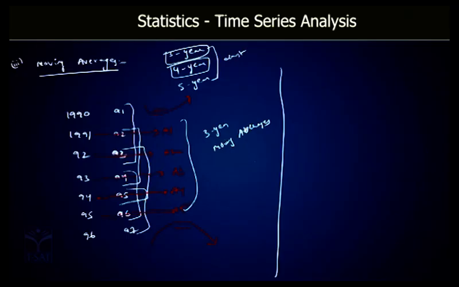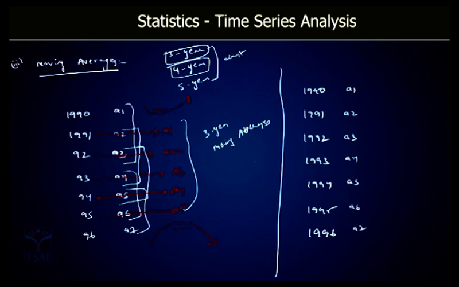Now we'll see the 5-year moving average. Consider 1990, 1991, 1992, 1993, 1994, 1995 and 1996. In the same way we have the values A1, A2, A3, A4, A5, A6 and A7.